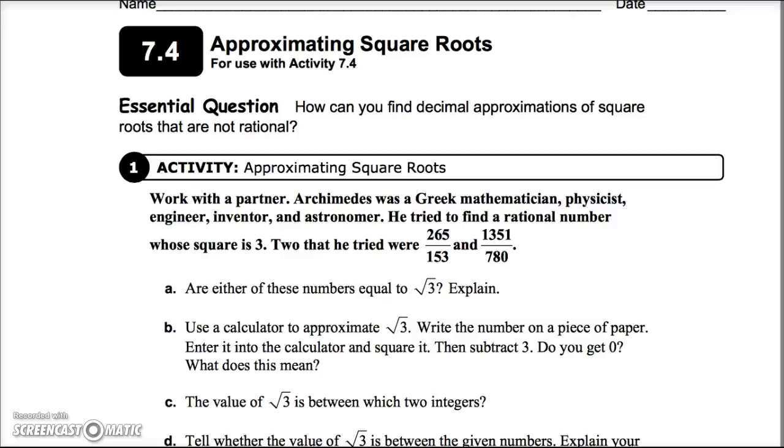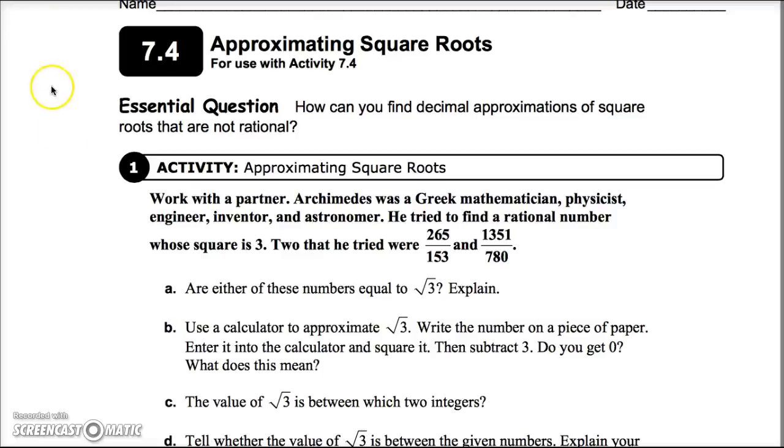So what we're going to be doing today is taking square roots of numbers that will not come out to be a whole number. If you look at activity 1, it talks a little bit about Archimedes, who is a Greek mathematician. He pretty much did everything.